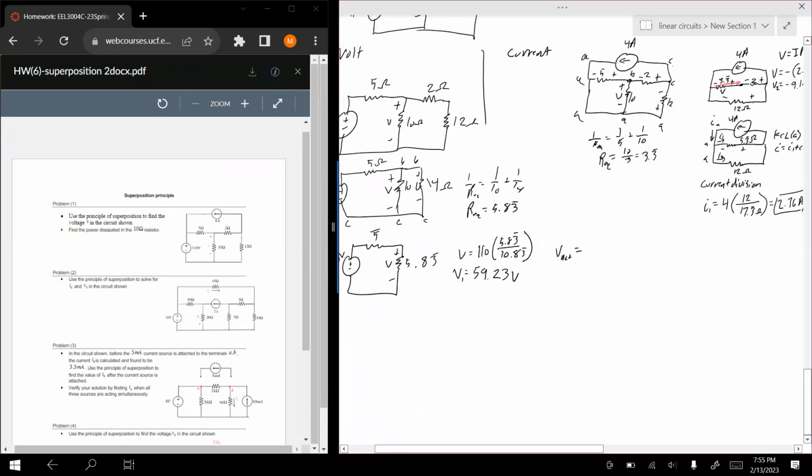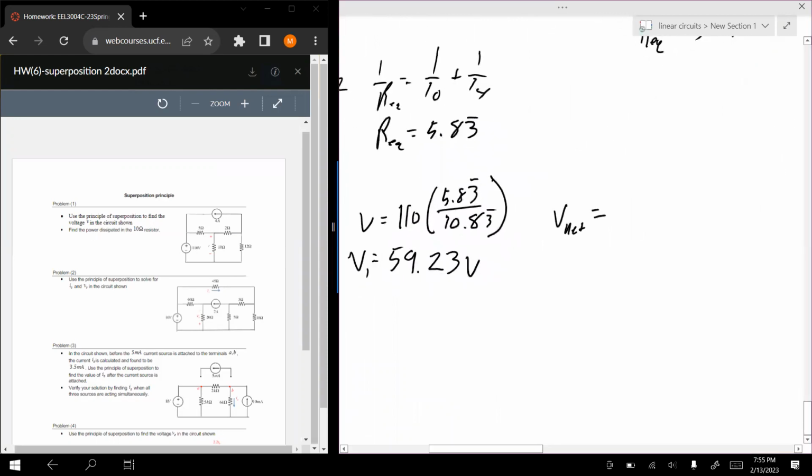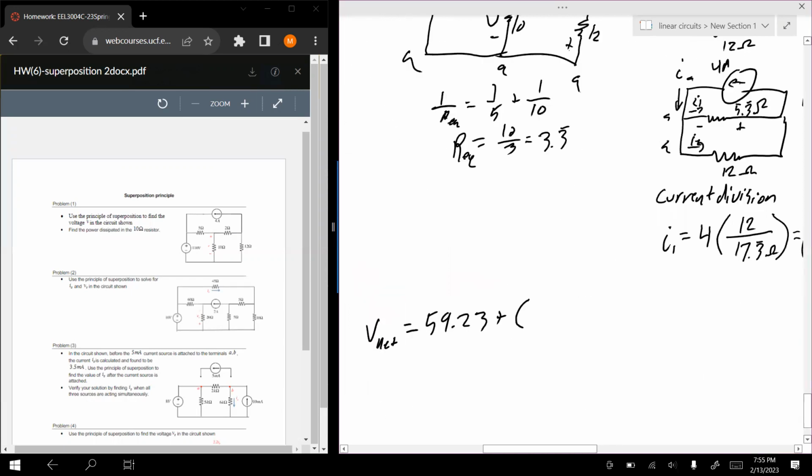All right. So the net voltage is the combination of both of them. So we're going to say 59.23 plus, and then we're going to get the value up here, which is negative 9.19.